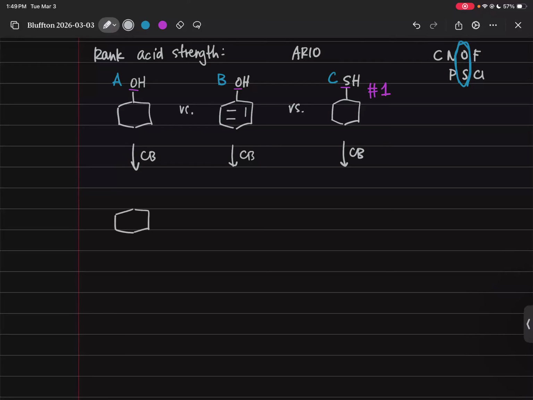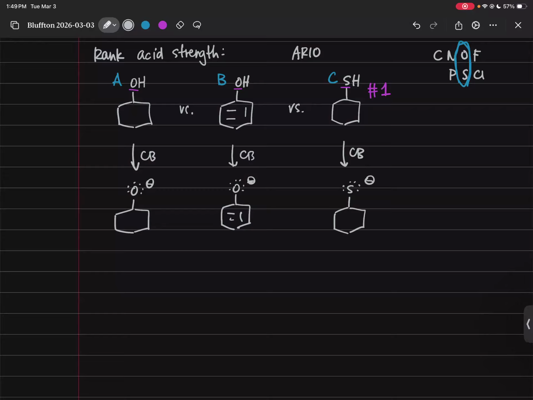But I would strongly advise against trying to do the resonance rule without drawing the conjugate bases. We don't need to do the sulfur one, but whatever.